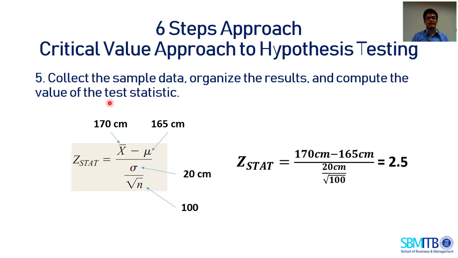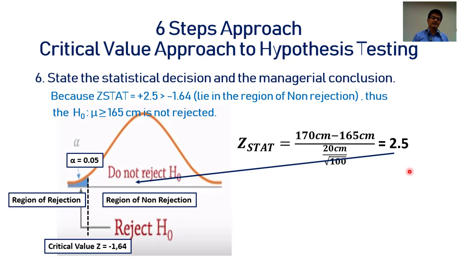Now, at the fifth step, we calculate the z statistics of the sample, which also remains the same. The z statistic will be equal to 2.5. And in the final phase, we compare the z statistic and the critical value.